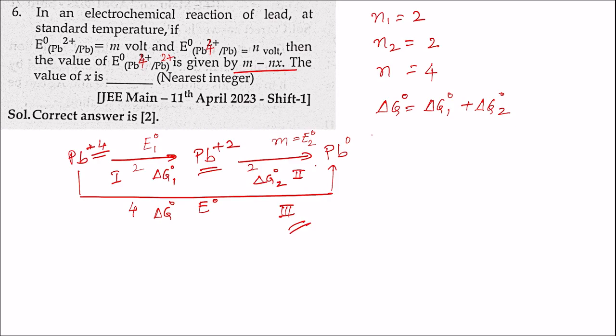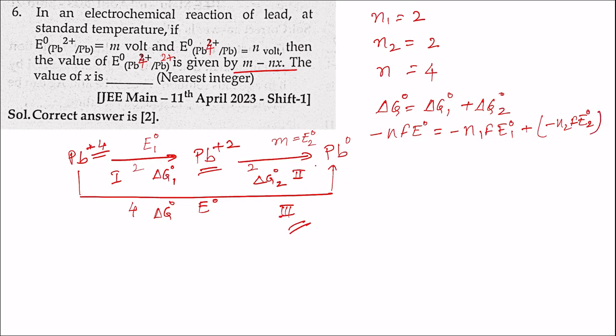Putting the value of delta G naught, it is equal to minus NF E naught is equal to minus N1F E naught 1 plus minus N2F E naught 2.